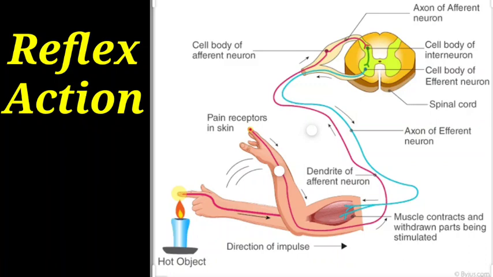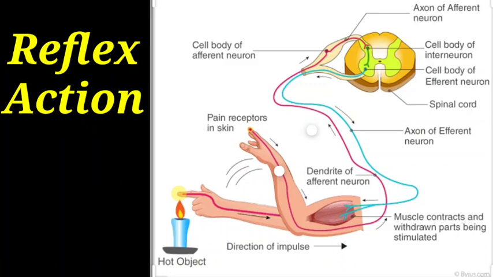First, the burning flame is there, touched by a finger, and it is pulled back immediately, instantaneously. So here, number 1, when we touch this flame, at that time our sensory receptors are active, getting the sensation and giving the message to the brain.